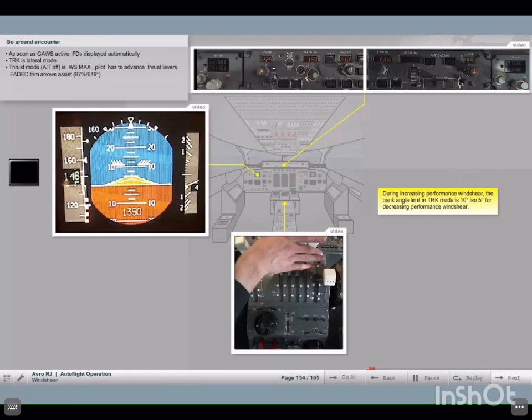The FDs are automatically displayed with GAWS as vertical and TRK as lateral mode.